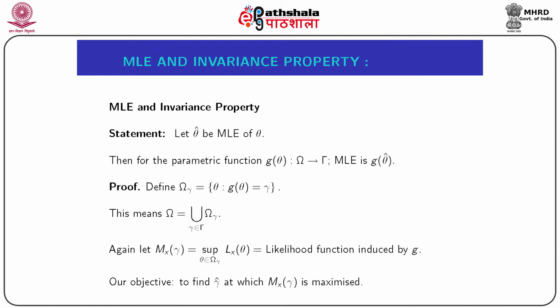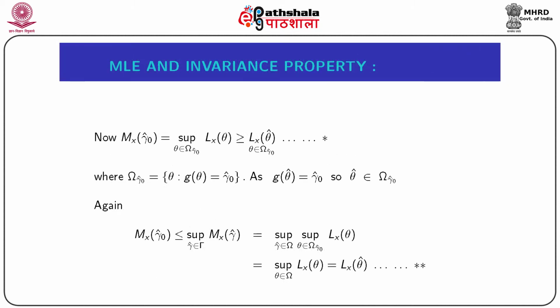Naturally, M_x(gamma) is the likelihood function induced by the function g. Now, our objective is to find the estimate of gamma, say gamma hat, at which the function M_x(gamma) is maximized. Now, M_x at the point gamma naught hat is equal to the supremum of L_x(theta), theta belonging to omega_gamma naught hat, where omega_gamma naught hat is the collection of those theta for which g(theta) equals gamma naught hat.